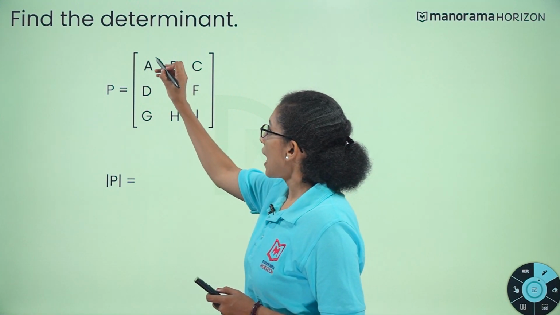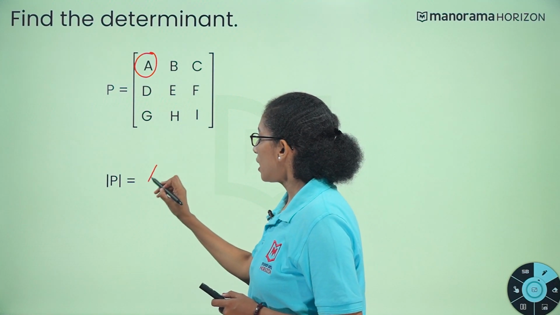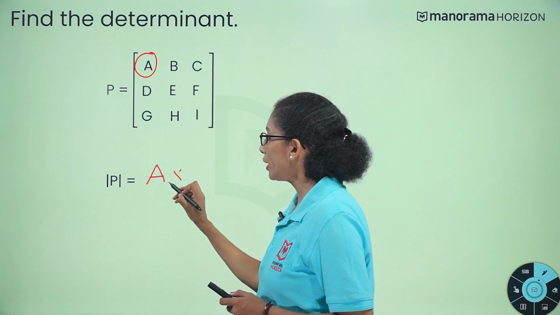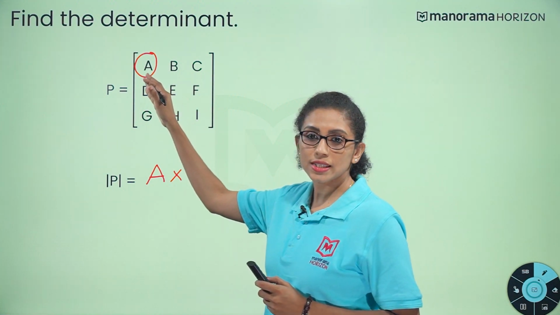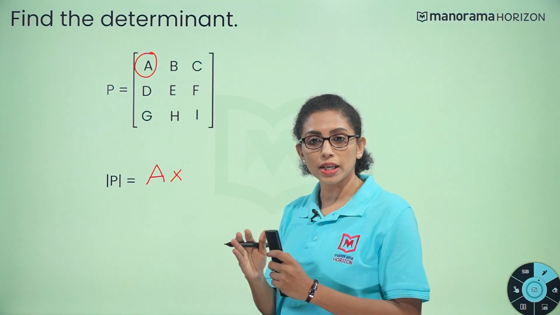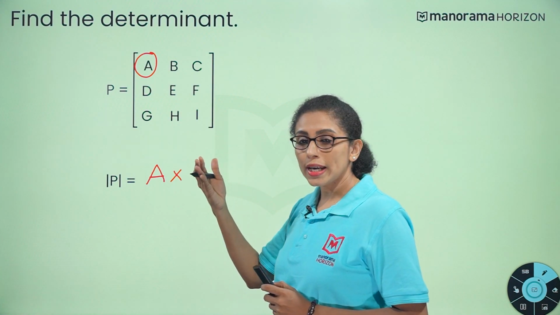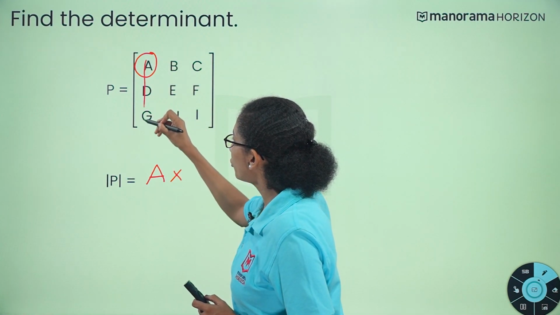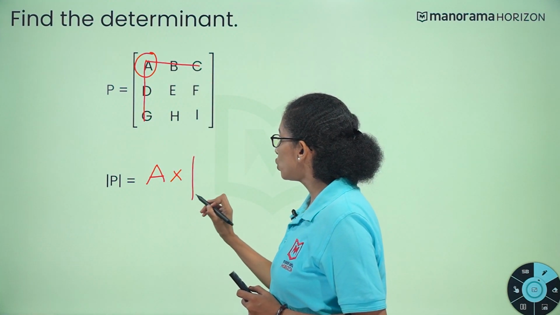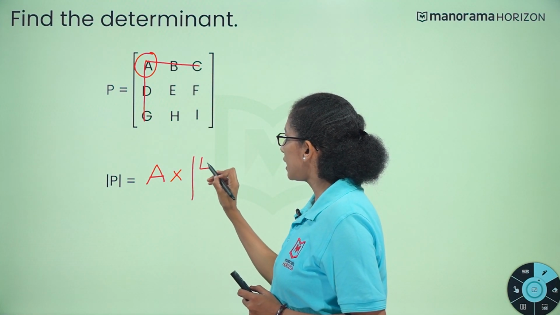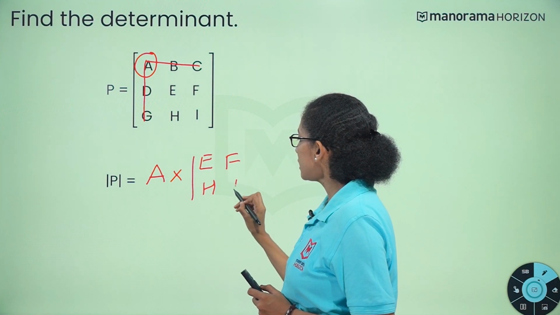Now the first element is A. Now this A is multiplied with something. Now what is that something? Here the element A is the 1-1 element which is multiplied with the second order determinant which is obtained after excluding the first row and first column. So what is left? A into determinant of E, F, H and I.